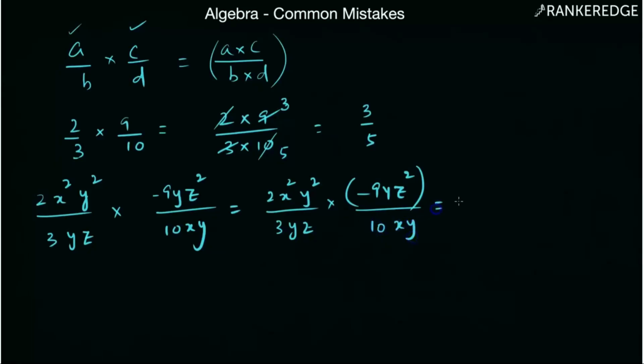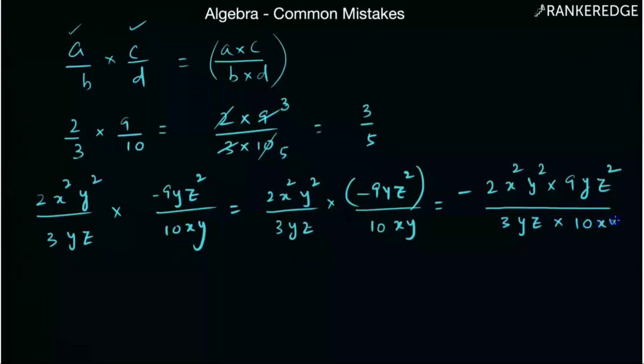So this will make it minus 2x square y square into 9yz square whole divided by 3yz into 10xy. So this will be minus, if I divide 9 by 3, I get 3 in the numerator, and in the denominator I get 5.